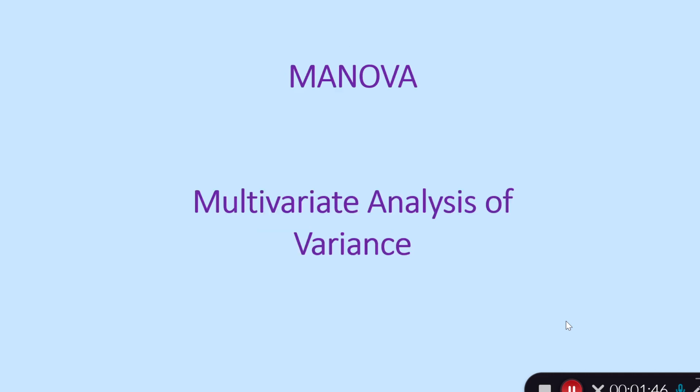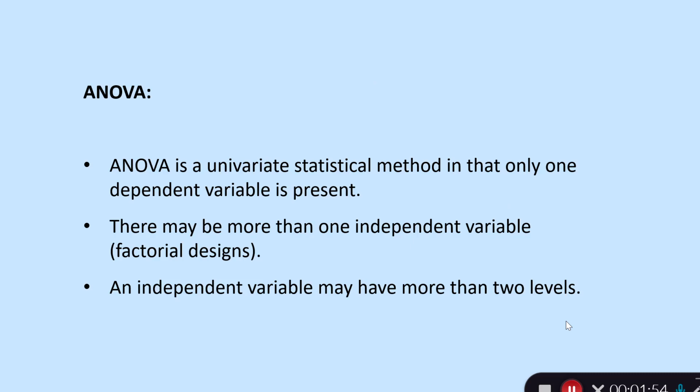All right, so MANOVA, or as I previously said, multivariate analysis of variance, is what we're covering. I'm going to start with a little bit of a recap on ANOVA and factorial ANOVA. As you will know, because we've covered it by this stage, ANOVA is a univariate statistical method because it only has one dependent variable.